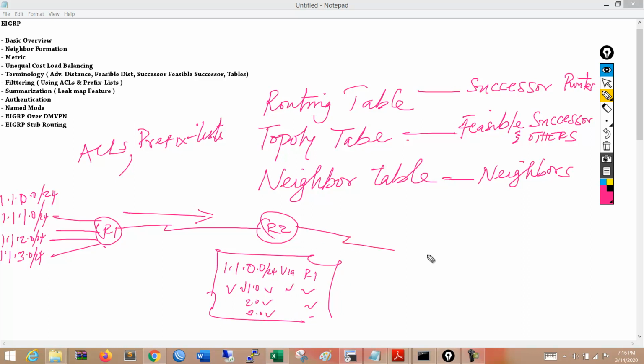And if R2 is advertising the same to its neighbor, it's going to advertise all of these routes once more. So you find out that the routing table gets bigger and bigger.